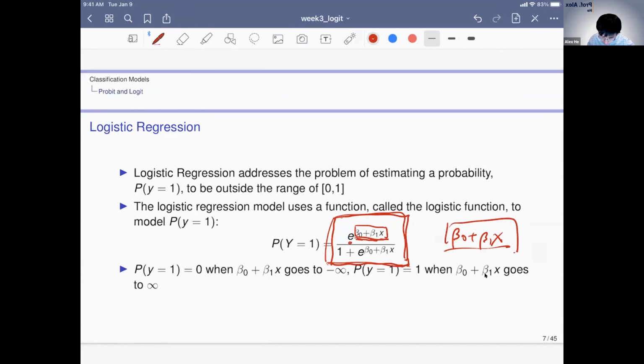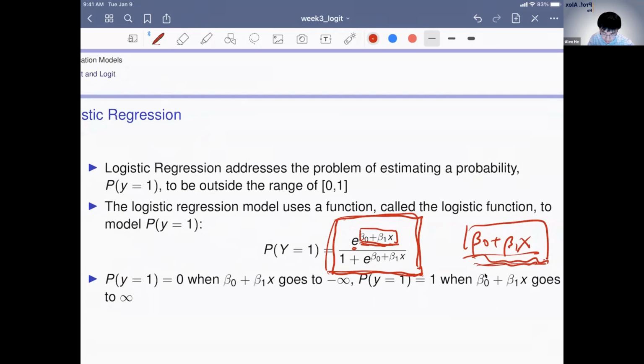This thing can range over anything. It can go to negative infinity, it can go to positive infinity. Now suppose beta 0 plus beta 1x is very, very small, so it goes to negative infinity. Then e to the negative infinity would be what? It would tend to 0.